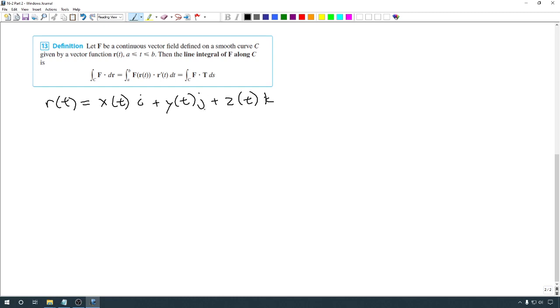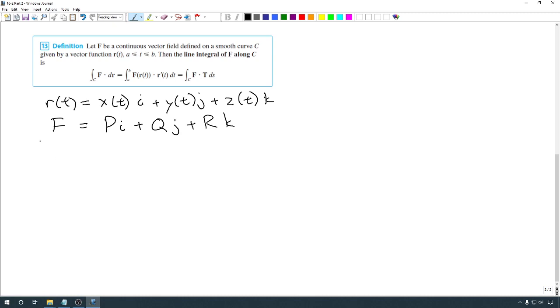Of course, if we're working in 2 dimensions, we wouldn't have the z part, but we'll make the obvious modifications for that. We can write out f. Here, f is our vector field, and remember we're taking f and splitting it up into components as p, q, r, or just p and q if we're working in 2 dimensions.